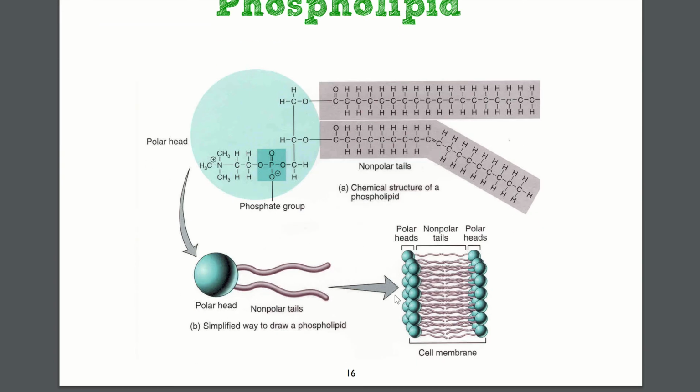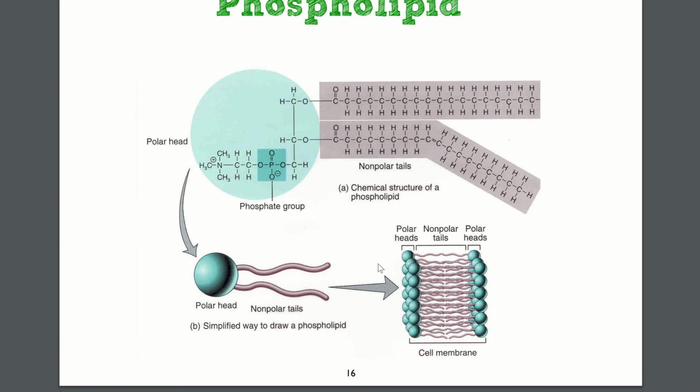Phospholipid. We know from year 8, year 9, year 10, year 11 that phospholipids have a hydrophilic head and hydrophobic tails. So the head is polar, which means that it's water absorbing because water is also a polar molecule.